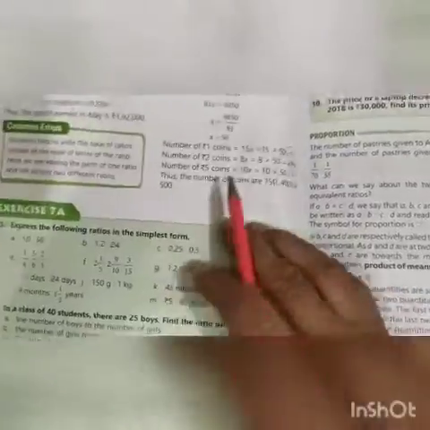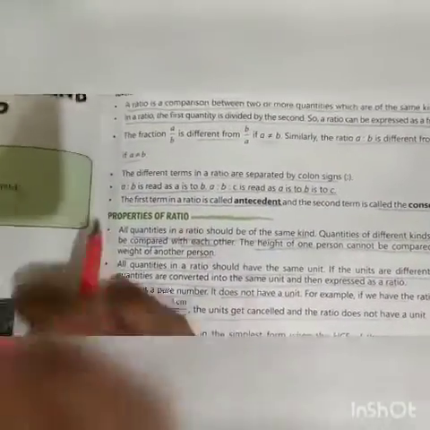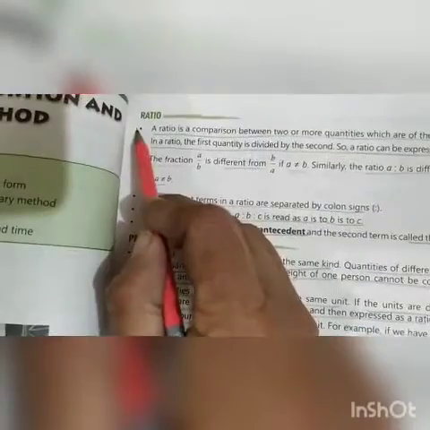I think up to here all the points are clear. If any point is not clear, then it will become clearer when we do the questions of this exercise. Now come to exercise 7a. Students, you have to write these points in your notebook. Ratio, what is the ratio?